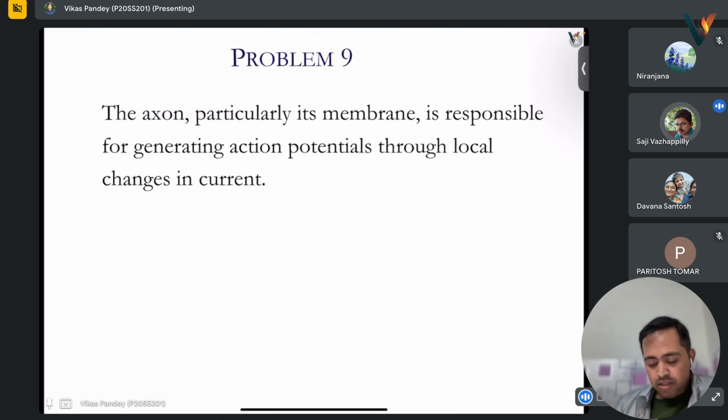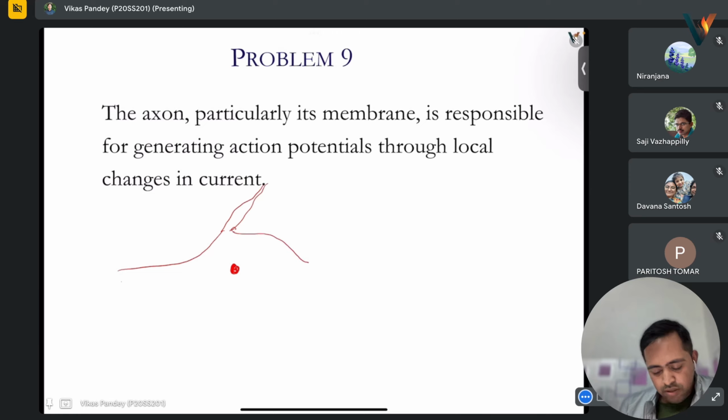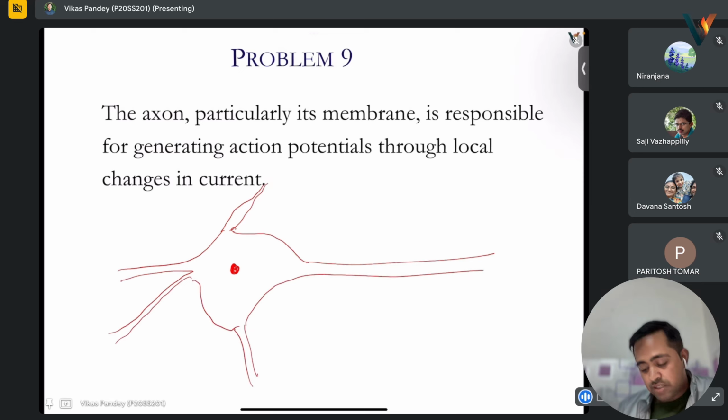The part that is responsible for this change is actually the axon, if we are talking about the neuron cell. I'm not that good in drawing, so I'm just drawing like this, with dendrites. Let's assume this is the axon, though it does not look exactly like that.